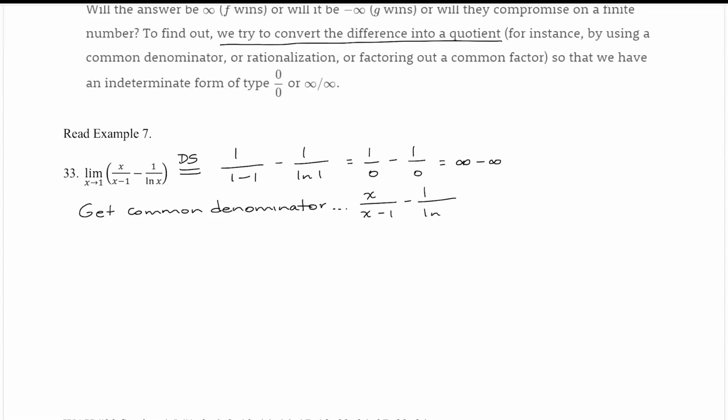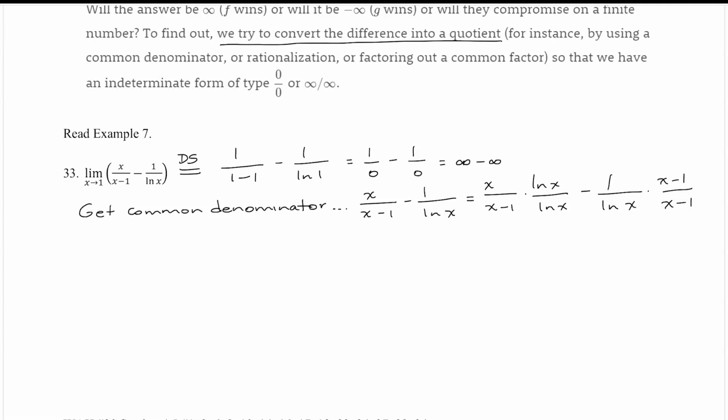Hopefully your algebra skills are good. So we can convert x over x minus 1 minus 1 over ln x into a single fraction with a common denominator of ln x times x minus 1. So for example, my first fraction, I'm going to multiply top and bottom by ln x.